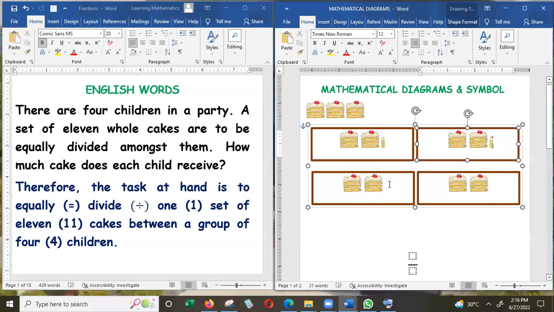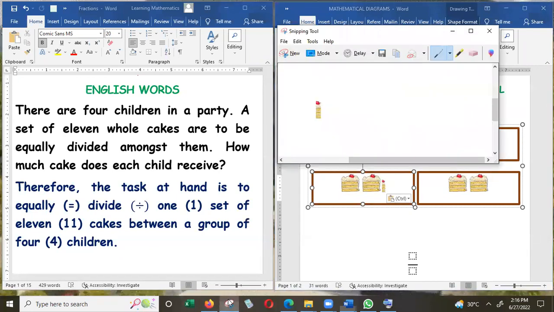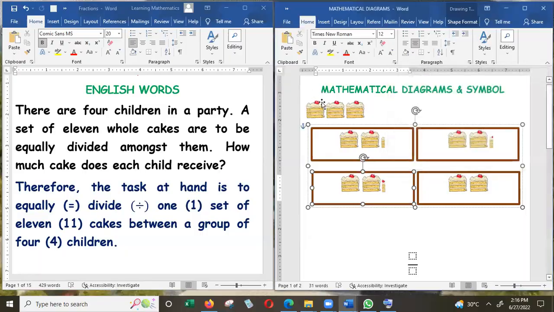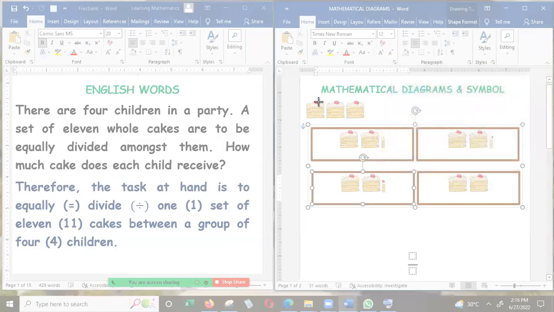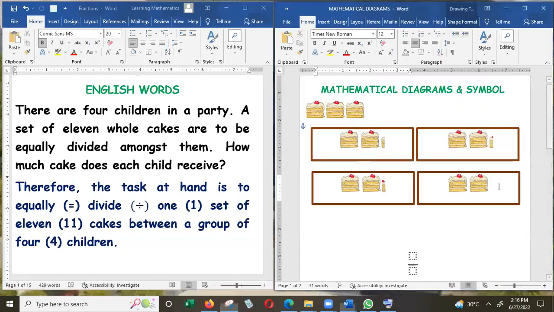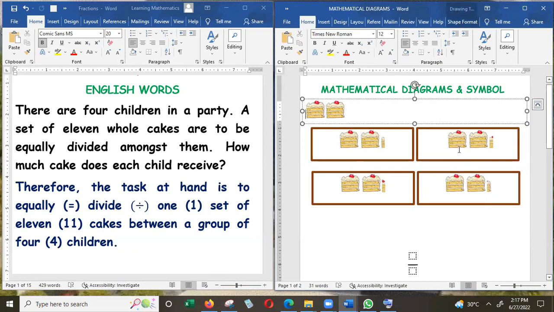Three. And a 4th slice. Right, so therefore this cake has been equally divided, right? So this into 4 equal slices.